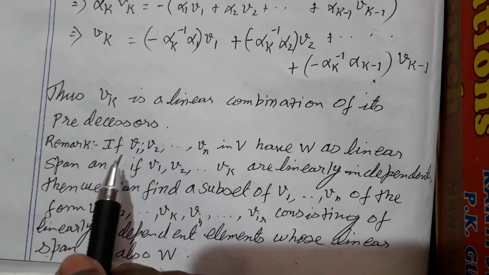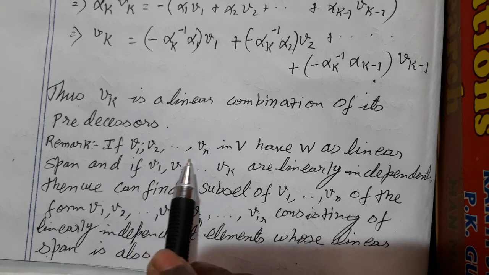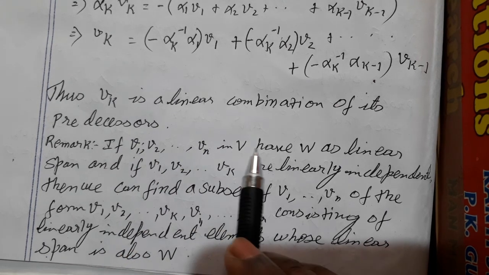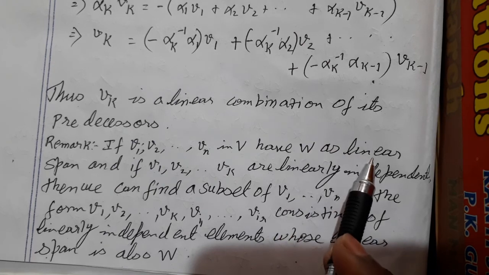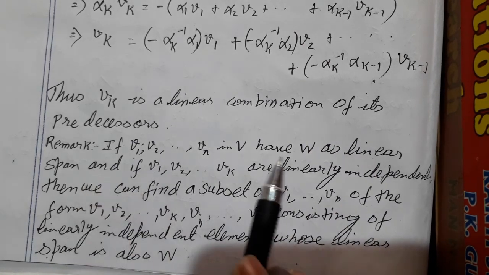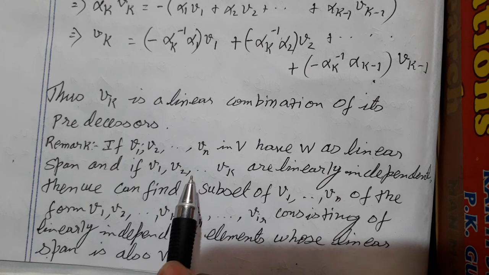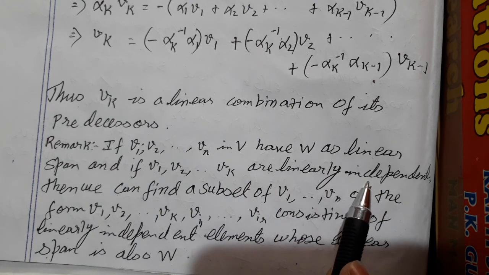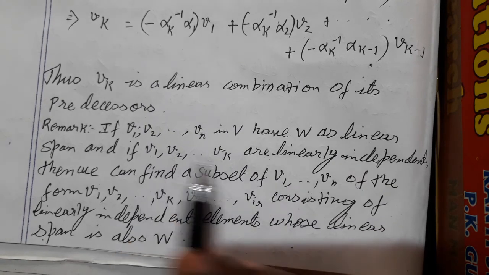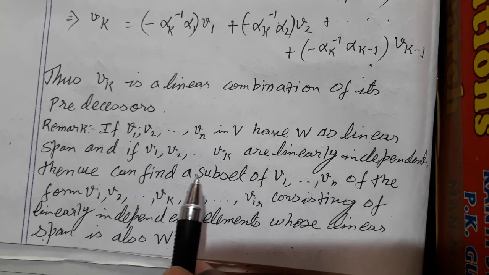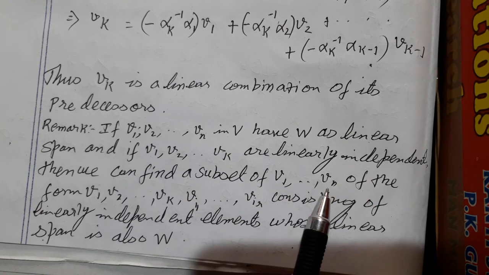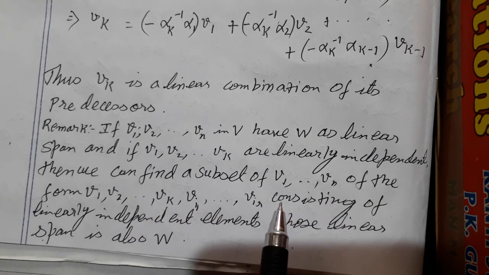And remark 1 says that we have vectors v1, v2 till vn in V, and W is their linear span. If v1, v2, vk are linearly independent, then we can find a subset of these consisting of linearly independent elements whose linear span is also W. That means it is like this.